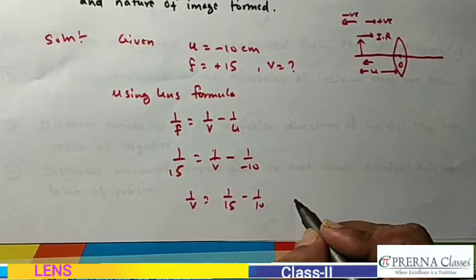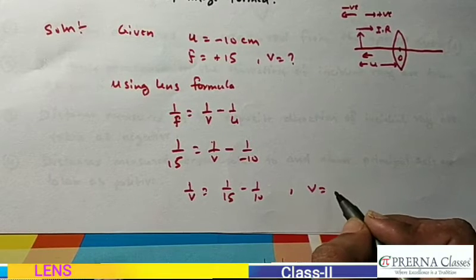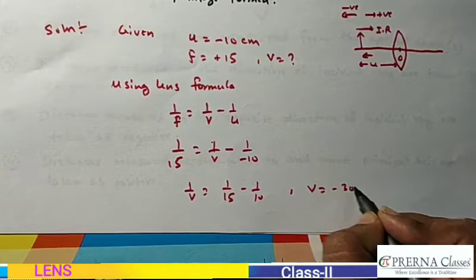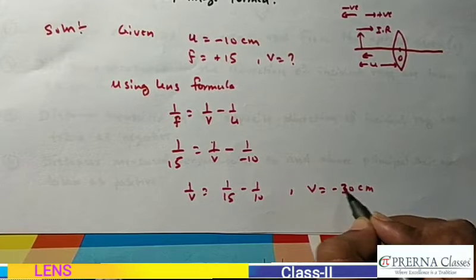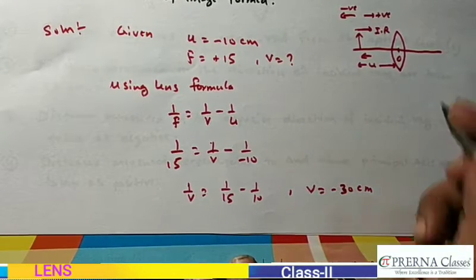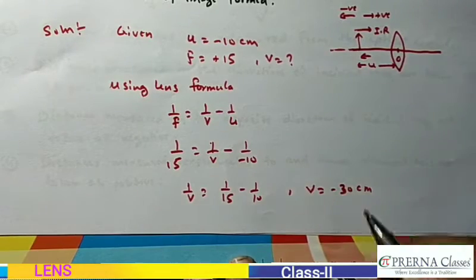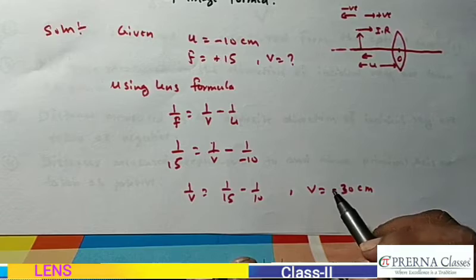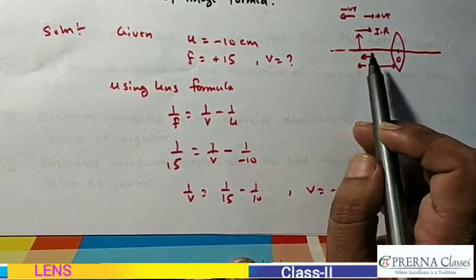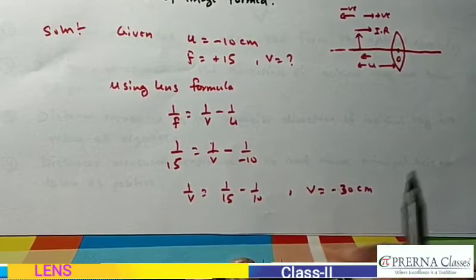So it comes out to be v equals to minus 30 centimeter. So this v comes out to be negative. Okay, that means the image formed is here. Which type of image is formed? Image is virtual.